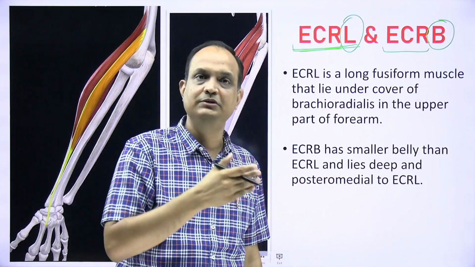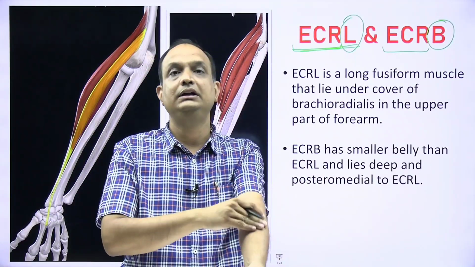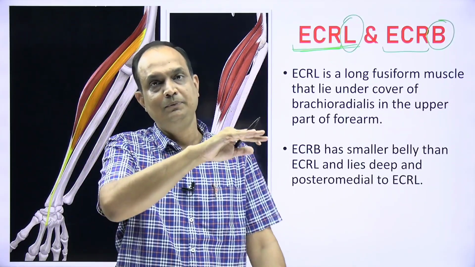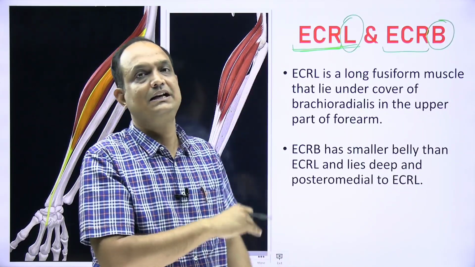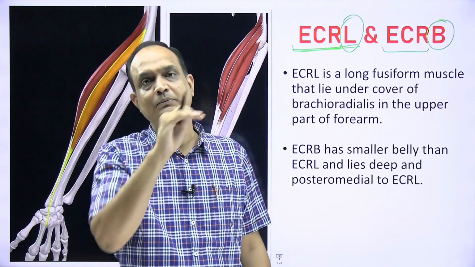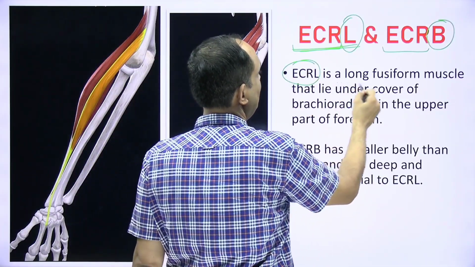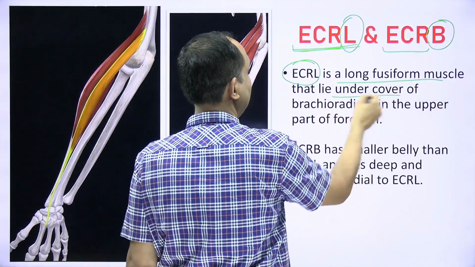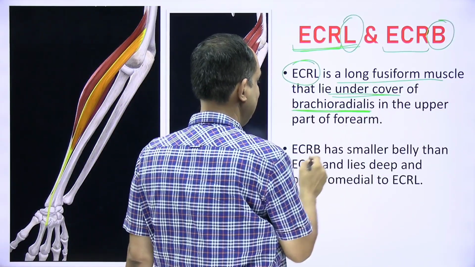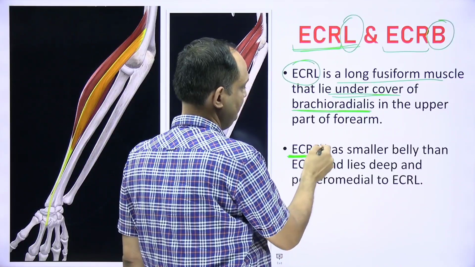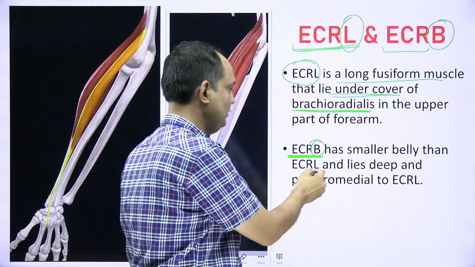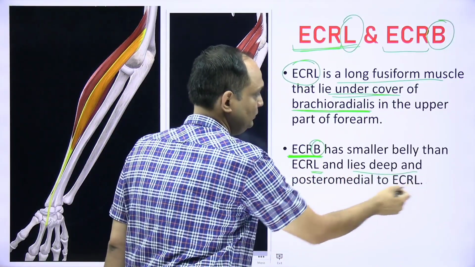But when you see the arrangement, you know that the brachioradialis is the most superficial. Deep to brachioradialis you will have extensor carpi radialis longus, and deep to longus you will have brevis. So extensor carpi radialis longus is a long fusiform muscle under cover of brachioradialis, and extensor carpi radialis brevis is smaller than the longus and it is deep to the longus.